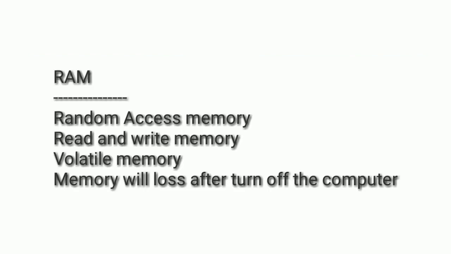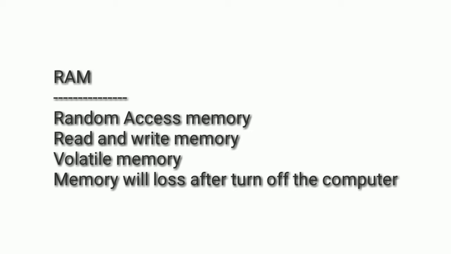Now we can move to the differences between RAM and ROM. What is RAM? Random access memory. It acts as the working memory of a computer. When a computer is working, some memory is required, so RAM is known as the working memory of a computer.